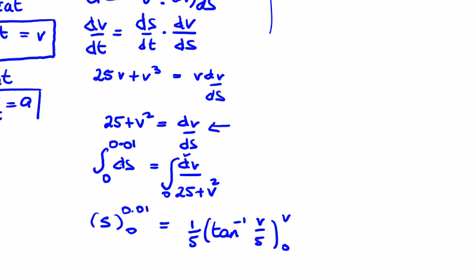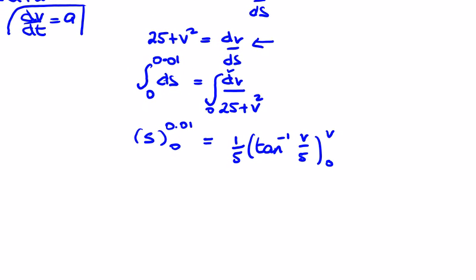The tan of 0 is equal to 0, so that gives me nothing. So we get 0.01, putting it in for s, minus 0, is equal to 1 over 5 times the inverse tan of v over 5.